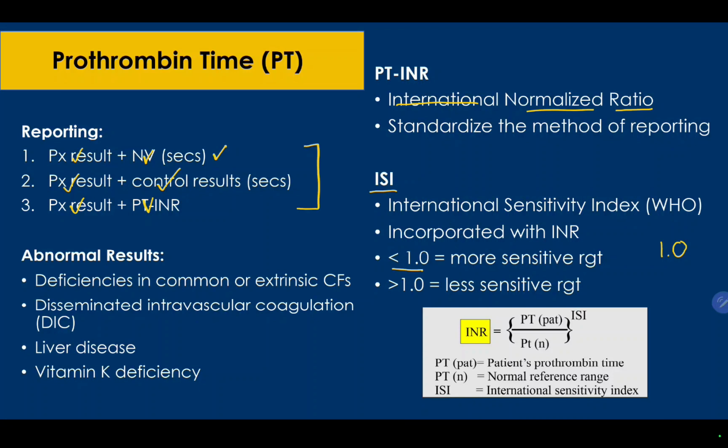Prolongation of the prothrombin time indicates an abnormality of one or more common or extrinsic coagulation factors. Prolongation may also occur with factor inhibitors.